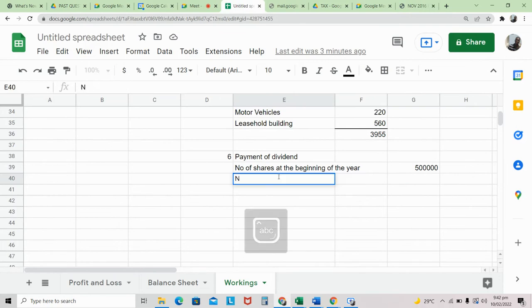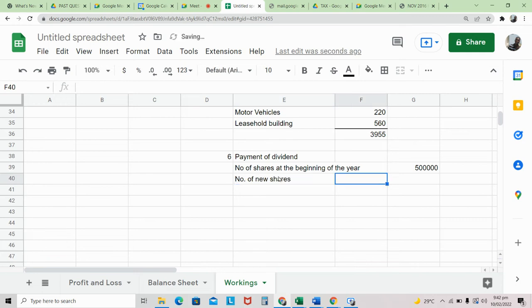So the number of new shares: it is one for four, so it will be 500,000 over four. This is the new shares that came out of the bonus issue.